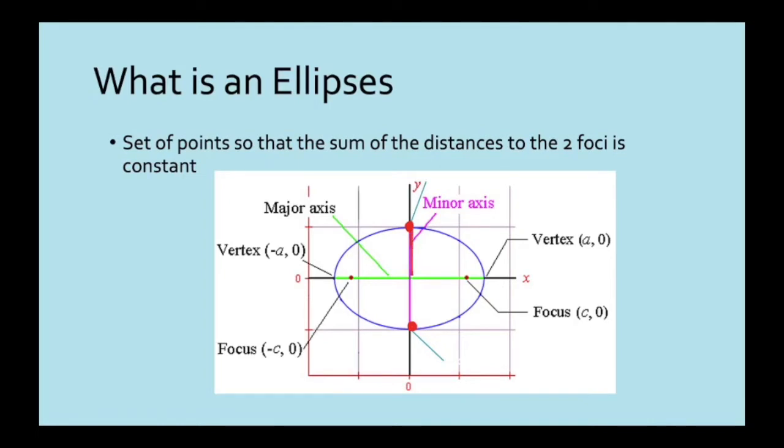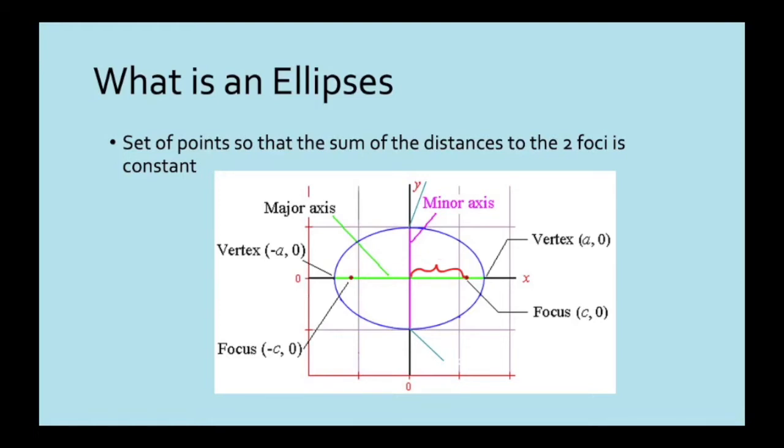That co-vertex is at a distance of b from the center. The last thing we have on here is the focus. And the focus, you have two of them. We talked about those just a moment ago. Each of the foci is a distance of c from the center.